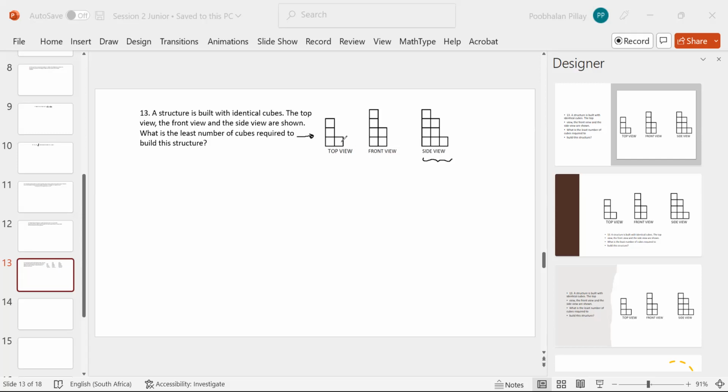So it's quite possible he's got 4 there, but he's got 4 here. All right, so this is a tower with 4 cubes underneath it. And here you can see 3 cubes. So he's looking at the side view, you can see 3 cubes, and here you can see 1 cube.